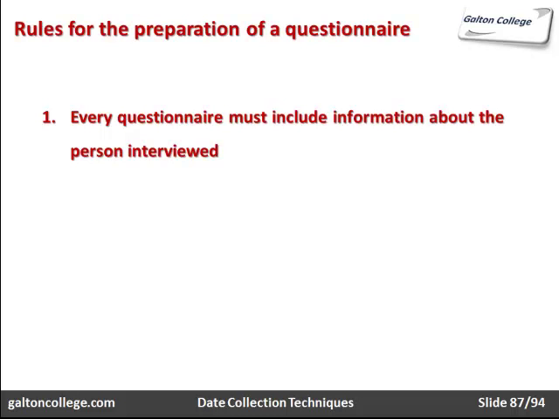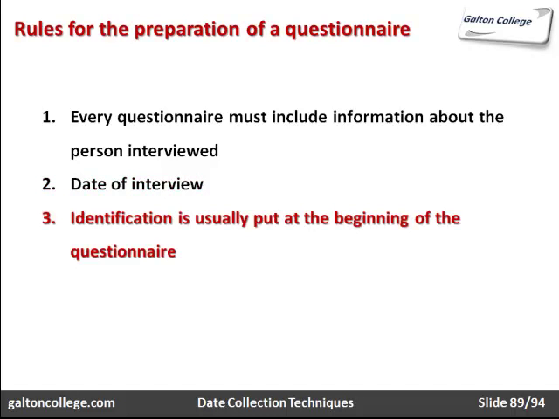But the time and place of it and the gender of the person and whatever else the circumstances surrounding it, those bits of information could be collected. So for example, the date of the interview, and an identification is usually put at the beginning of the questionnaire. So right at the top, to make a note of where they are, the time, the date, and whatever bits of information they wish to insert there.